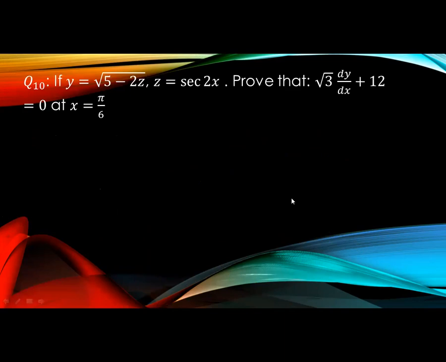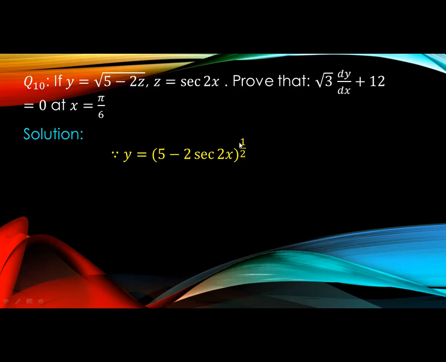Exercise number 10. If y equals root of (5 minus 2z) and z equals sec 2x, prove that root 3 dy by dx plus 12 equals 0 at x equals pi over 6. First, we can rewrite y in the form y equals (5 minus 2, substituting z by its value, sec 2x) all to the power half.